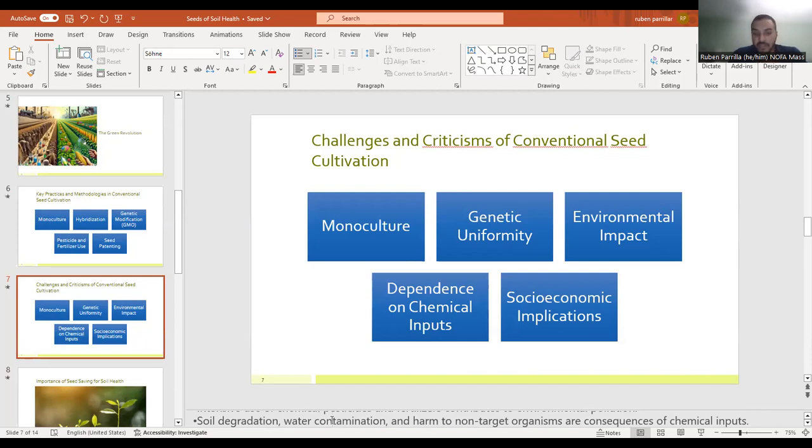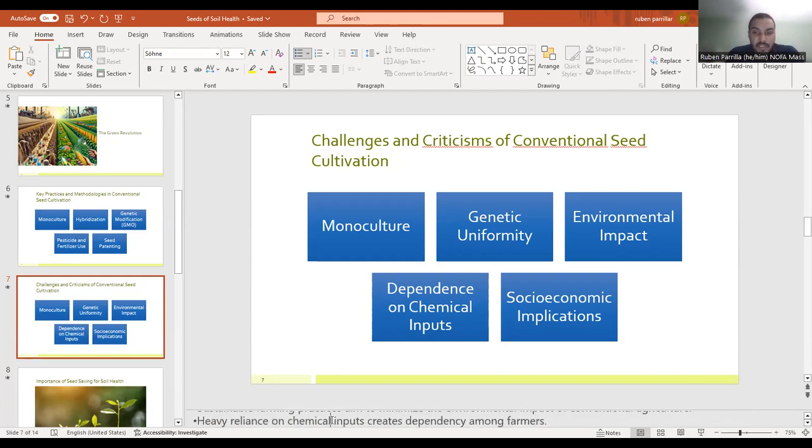Soil degradation, again, water contamination and harm to non-target organisms are consequences of these chemical inputs. And also, we'll discuss a few more other impacts that these also have in a few more slides ahead too.